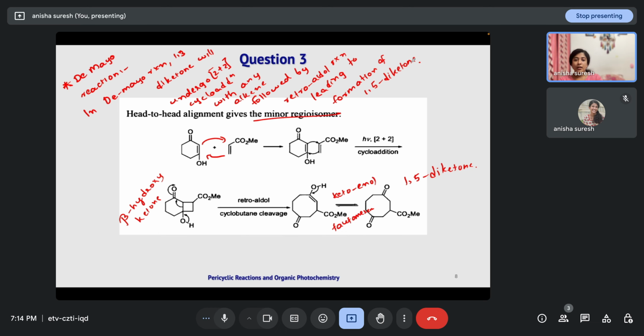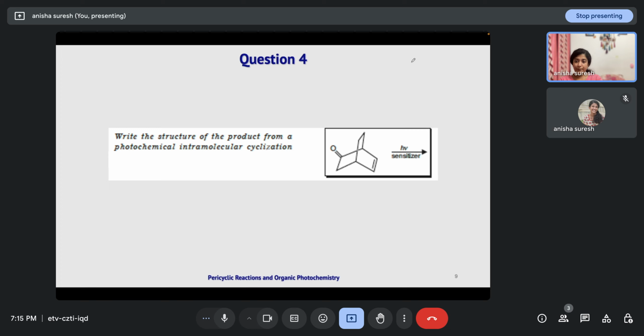Okay, now coming to question number 4. Write the structure of the product from the photochemical intramolecular cyclization. So under photochemical condition in the presence of a sensitizer, what will be happening here?